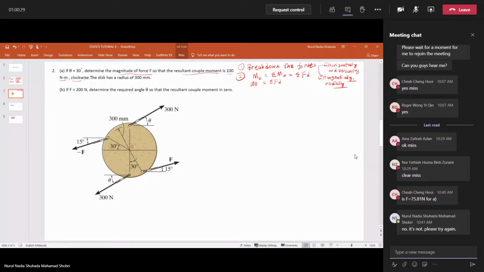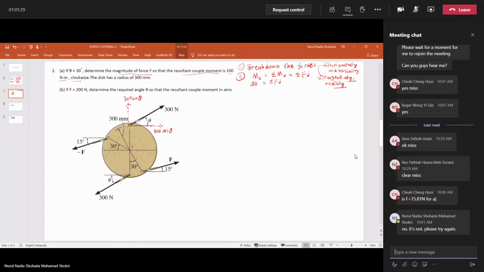We will satisfy the top part first. This direction of force, tangent to this line, is 300 cos theta, and the one radial to the point O is 300 sin theta.